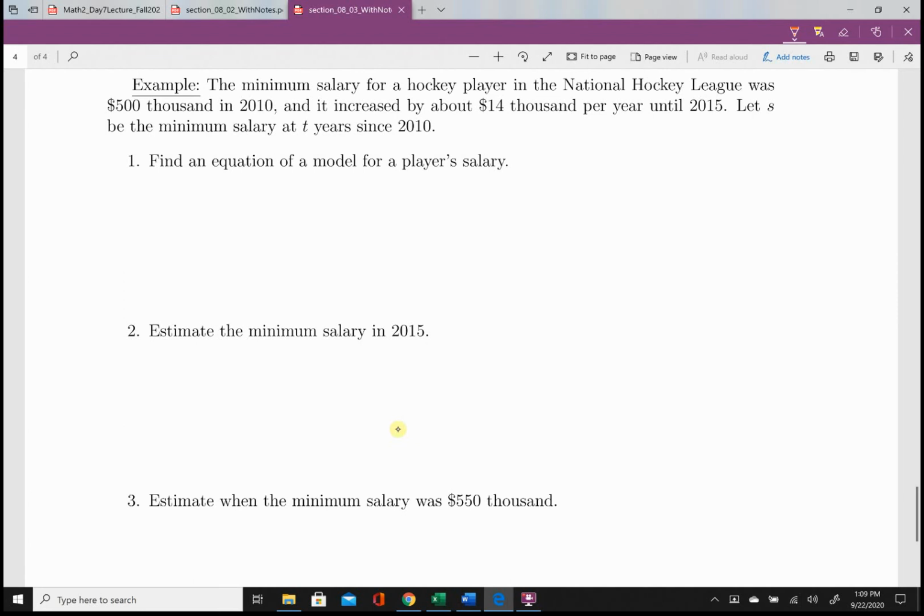Okay, so S is going to be acting like our y value, like our output, because the salary is dependent on how many years you've been working as a hockey player, right? We're going to have a much more in-depth conversation later about independent and dependent variables.